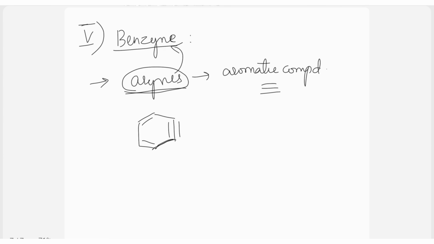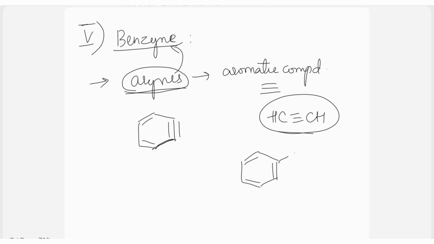So it's generally like inside the ring we have an acetylene. Or if we look at a benzene ring and there is one hydrogen here, suppose we remove two hydrogens, what are we going to get? We get a triple bond over here.